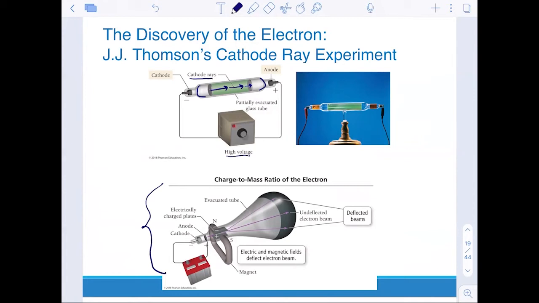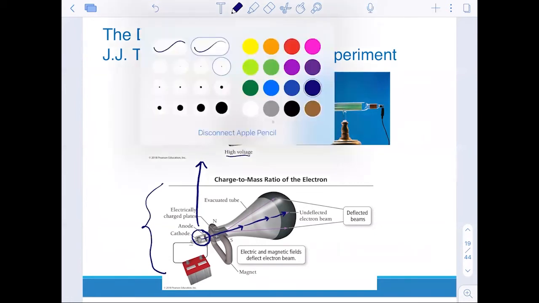Here's the general start, here's that general anode and cathode that we saw up there. And what he did was he put a little hole through the anode so that the electrons could pass right through. And so undeflected, they went right back through to a detector, probably photo paper. We'll talk a little bit more about the ways of detecting a little later on. Not super important, just fun tidbits of knowledge.